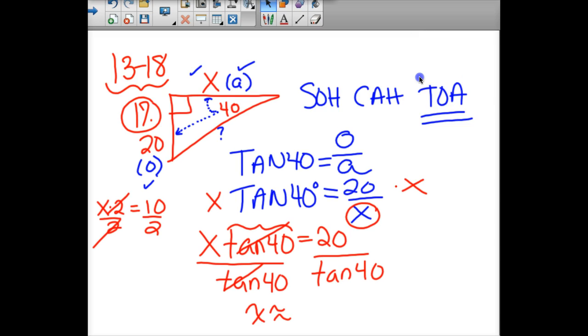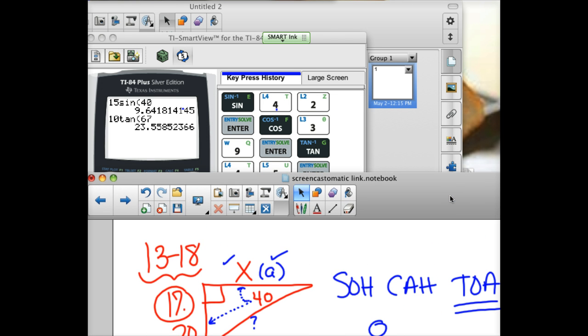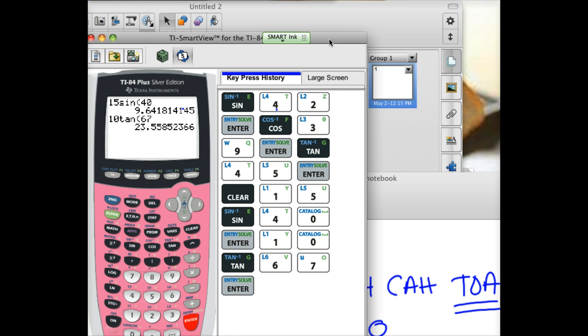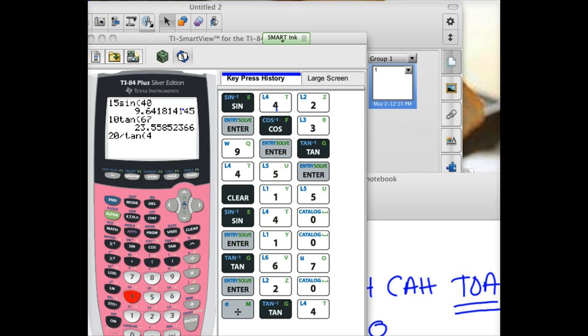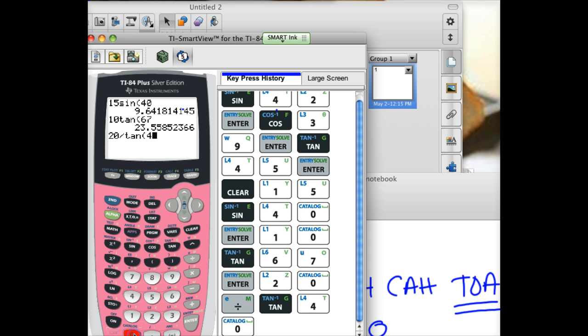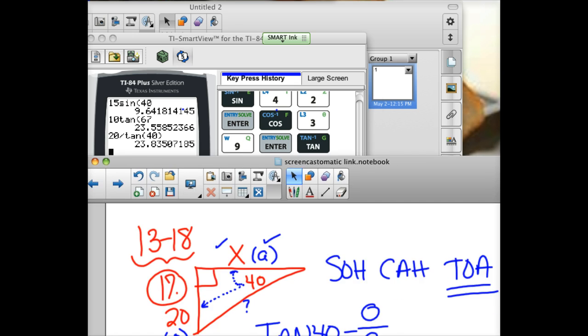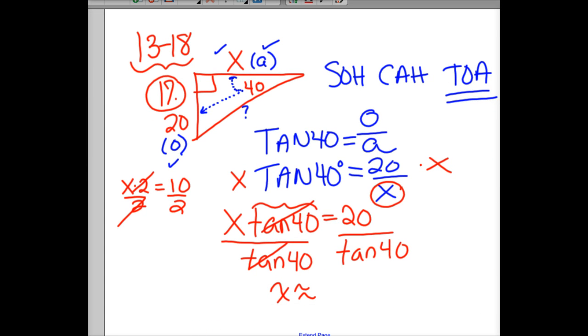On my calculator, that's 20 divided by tangent 40. You don't need to close the parentheses if you don't want to, since it's the last thing you've entered, but I like it to look nice. So that missing side length would be about 23.8. So x would be about 23.8.